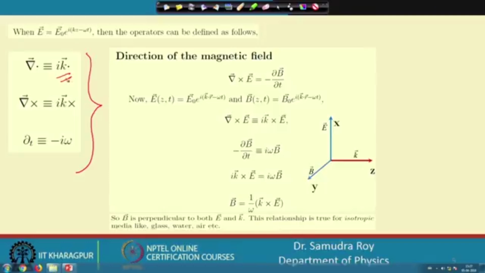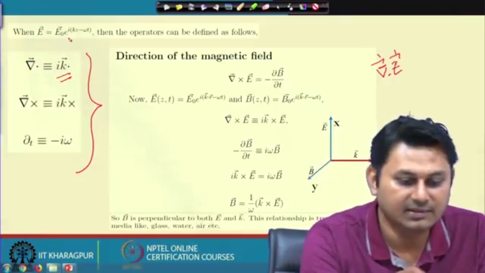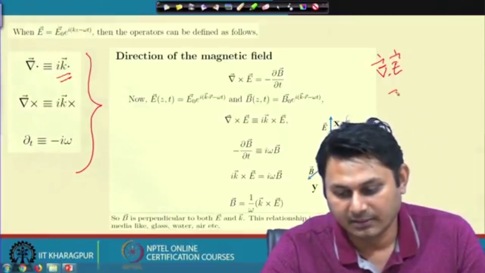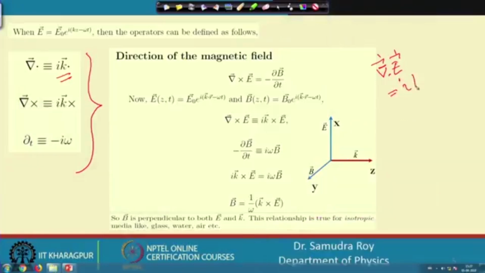So, the meaning is, if I operate say grad dot E, where E is this form, then this eventually gives us i k dot E. If this is one dimension, then it should be i k E, but if it is in vector form, this is the form.